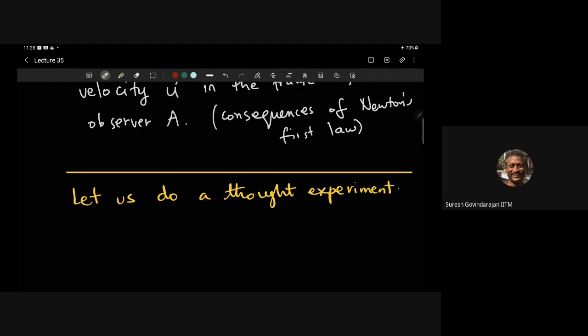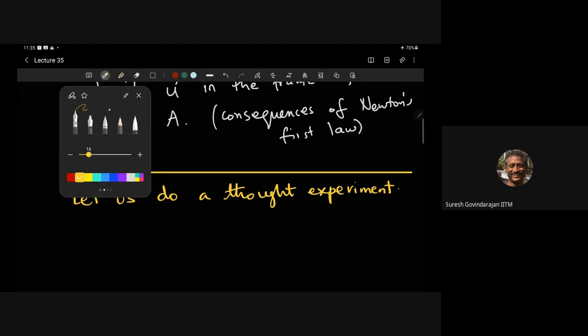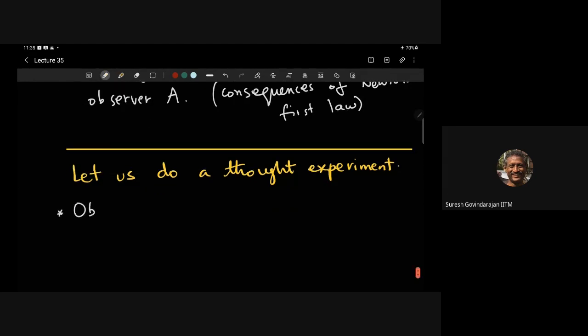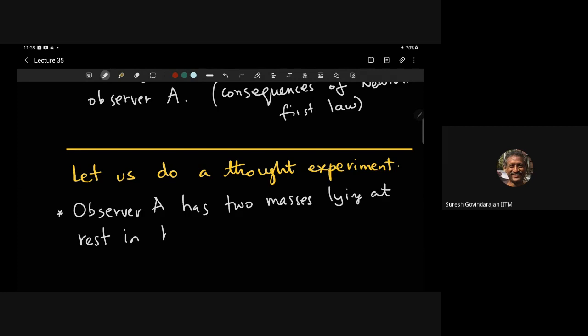Okay, and the experiment, I'll set it up now. It's as follows. Observer A has two masses lying at rest in her frame.